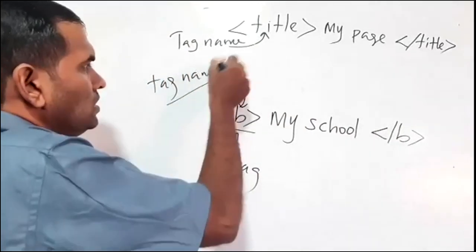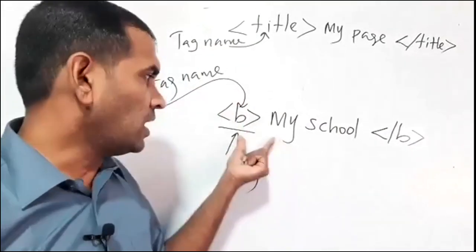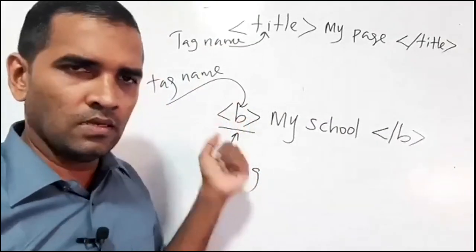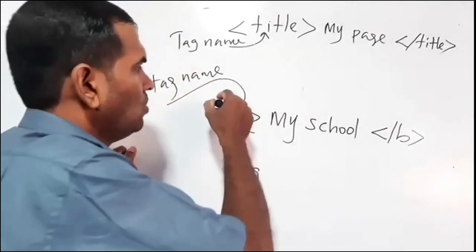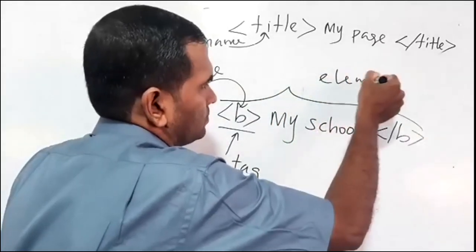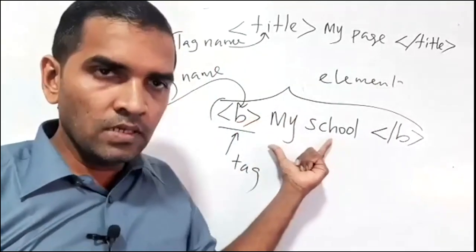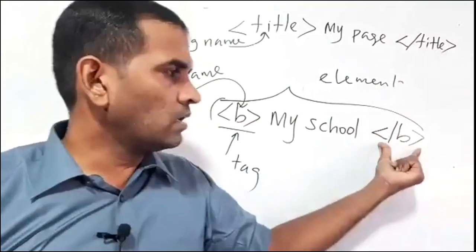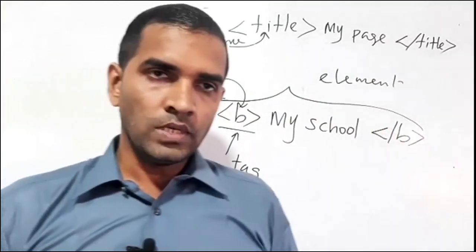As I told you earlier, this is not a special thing. This is just a word, so tag name. So what is element? The whole thing. Start tag, this is the content. Here, my school is the content, and the closing tag. So altogether, it is called an element.